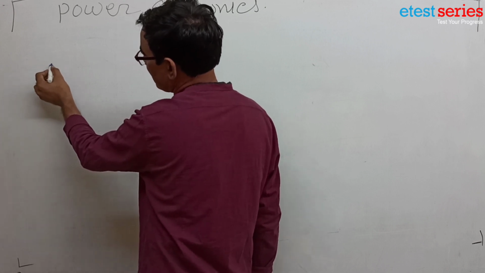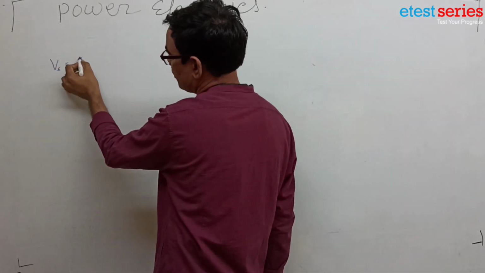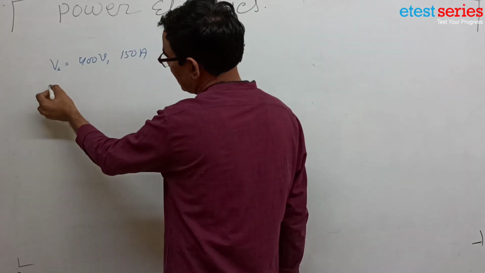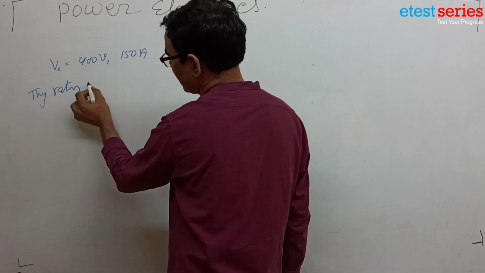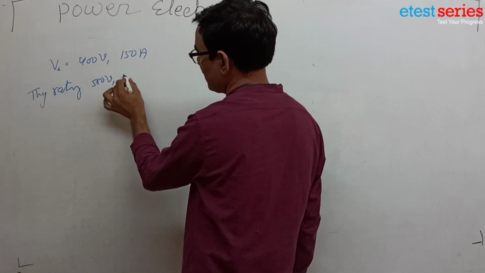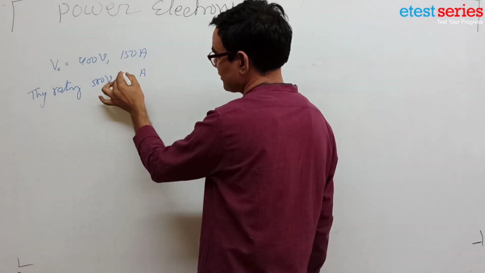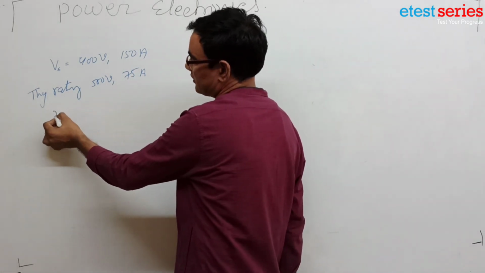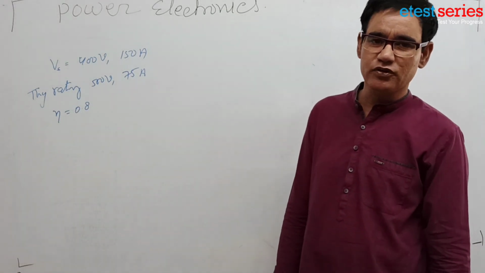Suppose we have a thyristor and source voltage equal to 400 volt, 150 ampere, and thyristor rating is 500 volt and 50 ampere, or maybe 75 ampere, and string efficiency is 0.8. So how many SCRs are required in series and parallel?